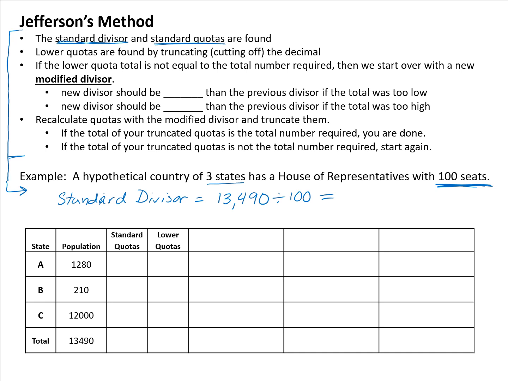So 13,490 divided by 100, just use your calculator, we get 134.9. And I'm going to keep that decimal, usually with a standard divisor, out to about the first decimal place.